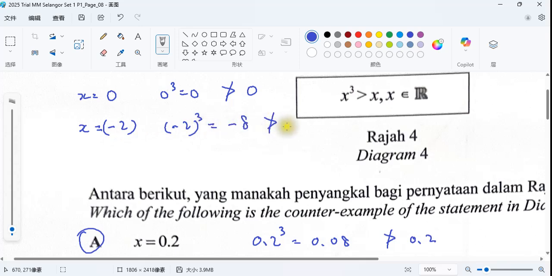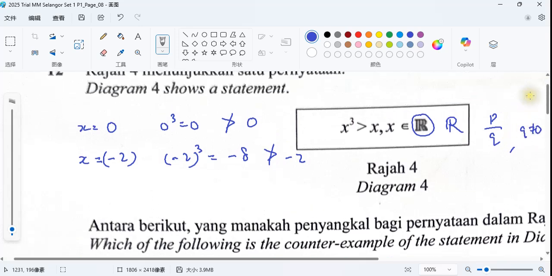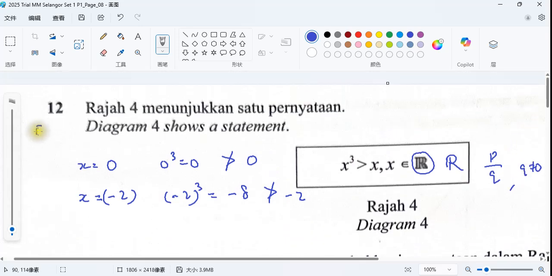So this is not greater than negative 2 also. This is a counterexample. This symbol is real number. A real number is any number that we can write as P over Q, where Q is not equal to 0. Okay, so this one is also Form 4, Chapter 3, Logical Reasoning.